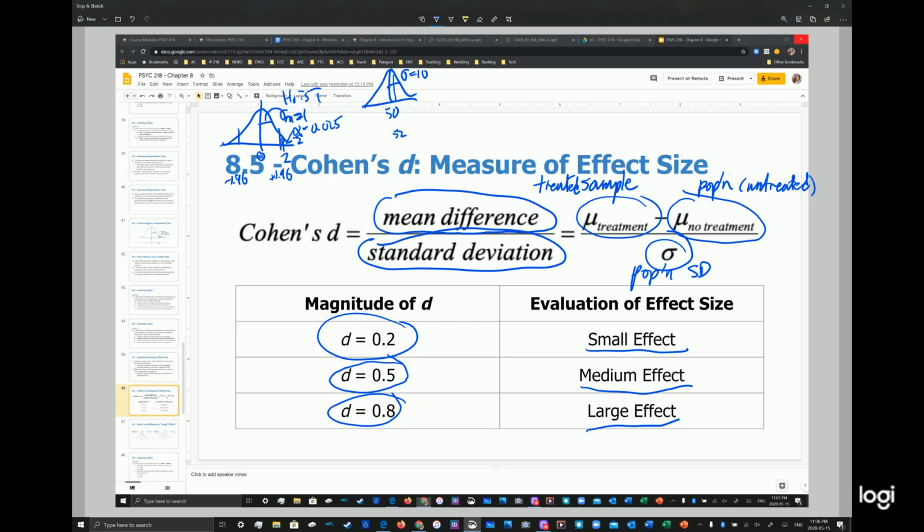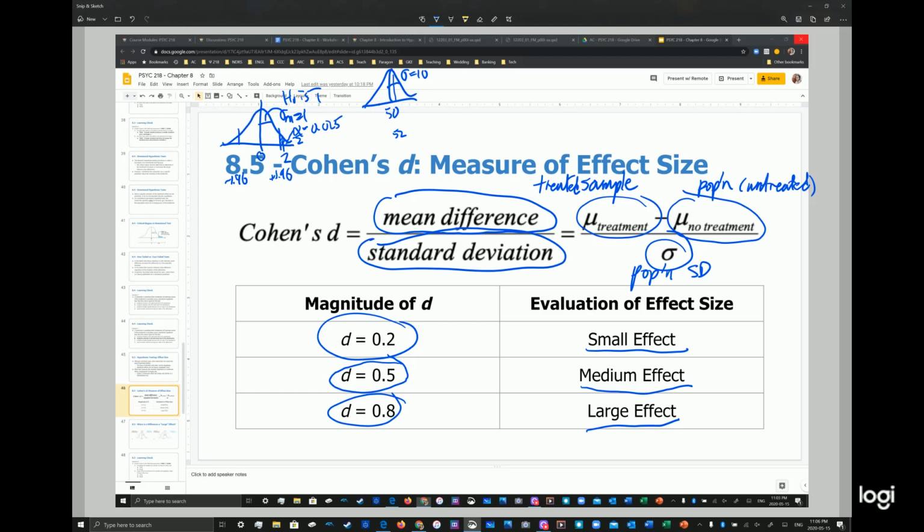the population standard deviation, assuming that we're given those values. Like we know what the population standard deviation is and what the population mean is. So that's what we would do, and this is a technique that we would use to determine effect size.